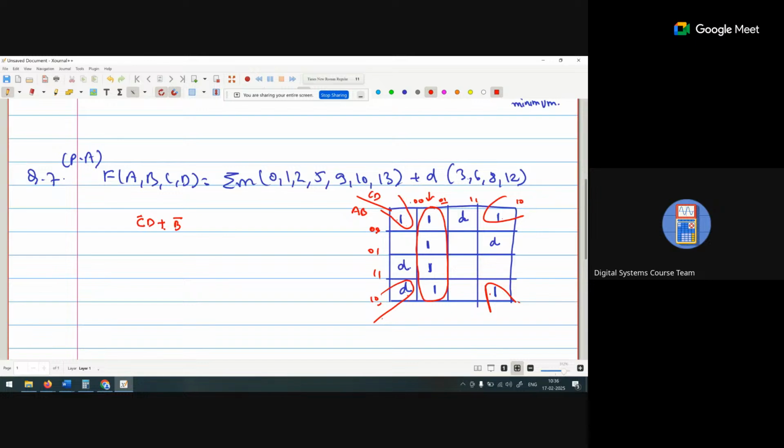For the column, the D term is constant, the value is D bar. So this is the answer.